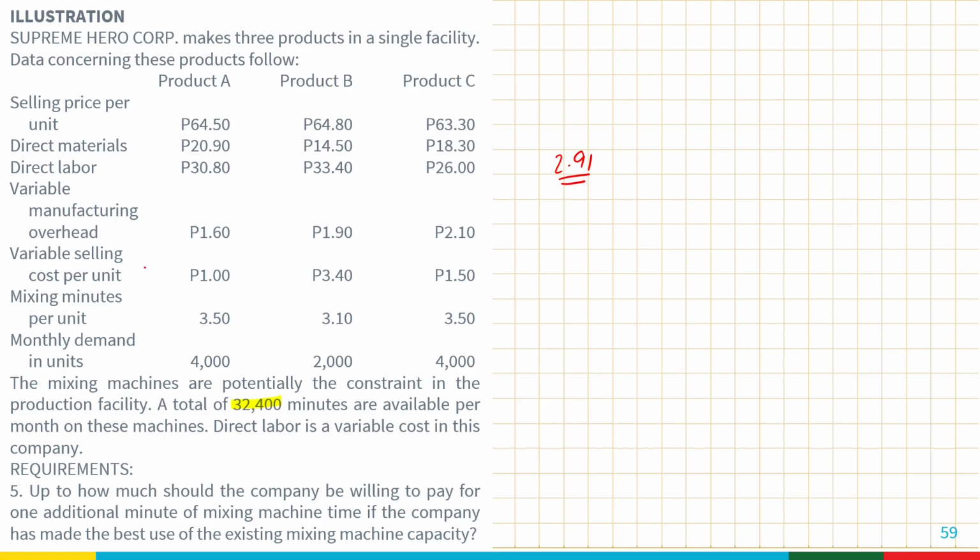Pwede lang natin siyang gamitin kay product A dahil tandaan nyo, hindi lahat ng demand for product A ay na-produce natin. Pero na-exhaust natin lahat ng monthly demand ng product B and product C. Okay?